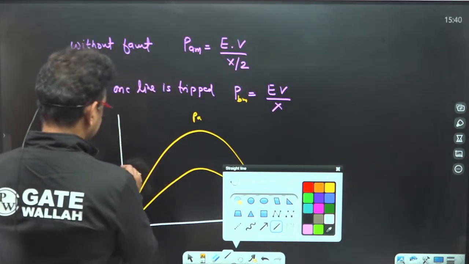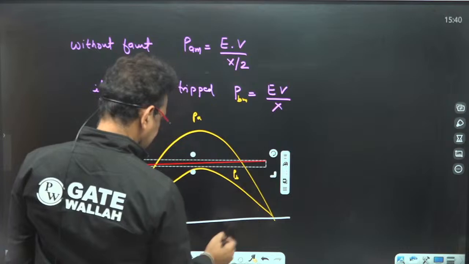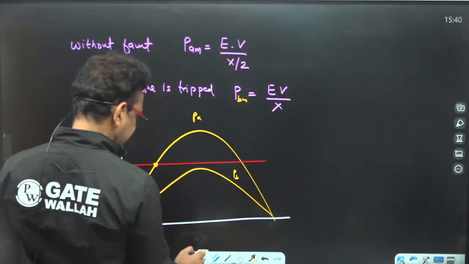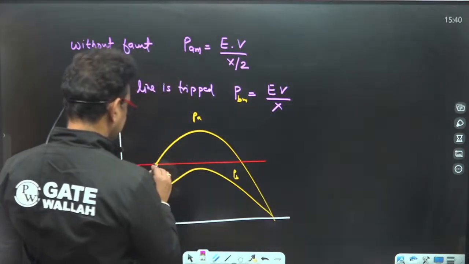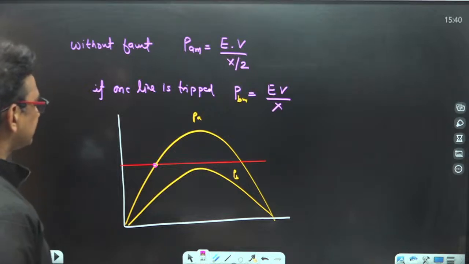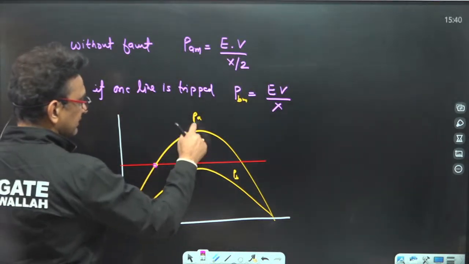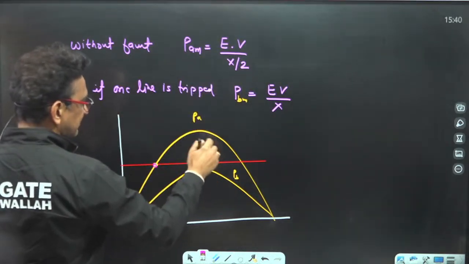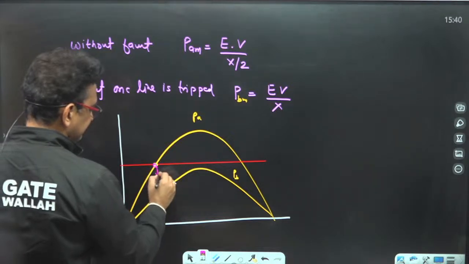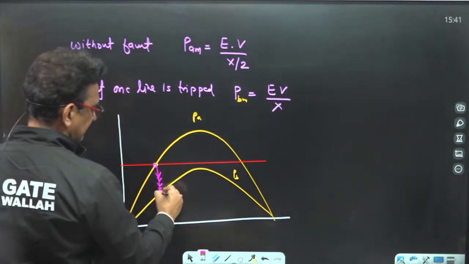Initially, suppose it is operating at this point, the present point. Now what happened after the trip? The P_a will be reduced to P_b, so this will come here. Now it will move like this.